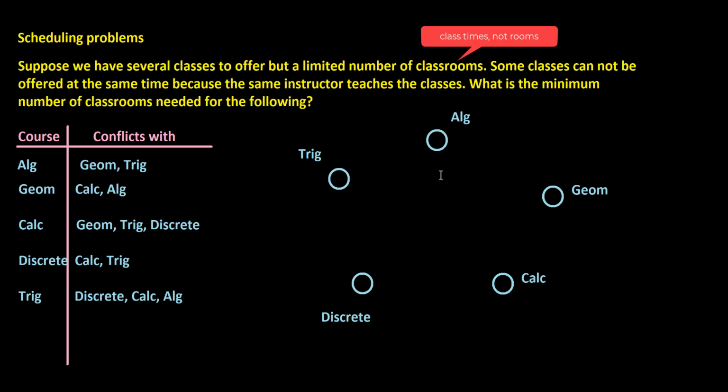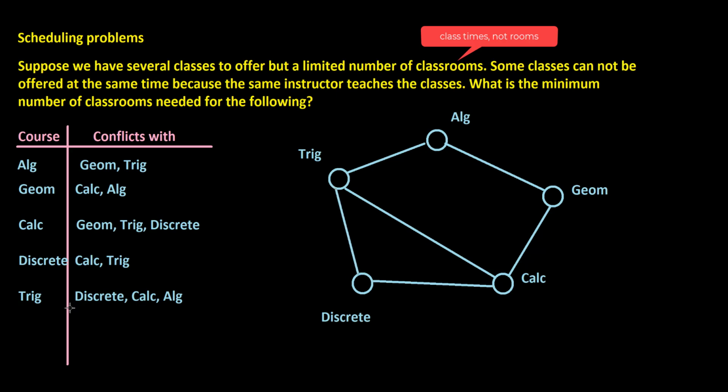And now I'm going to connect vertices that have conflicts. So for example, algebra will be connected to geometry and trig. Geometry will be connected to calculus. And, well, algebra, we already have that recorded. Calculus is connected to geometry as well as trig and discrete. Discrete is connected to calculus and trig. And trig is connected to discrete, calculus, and algebra.